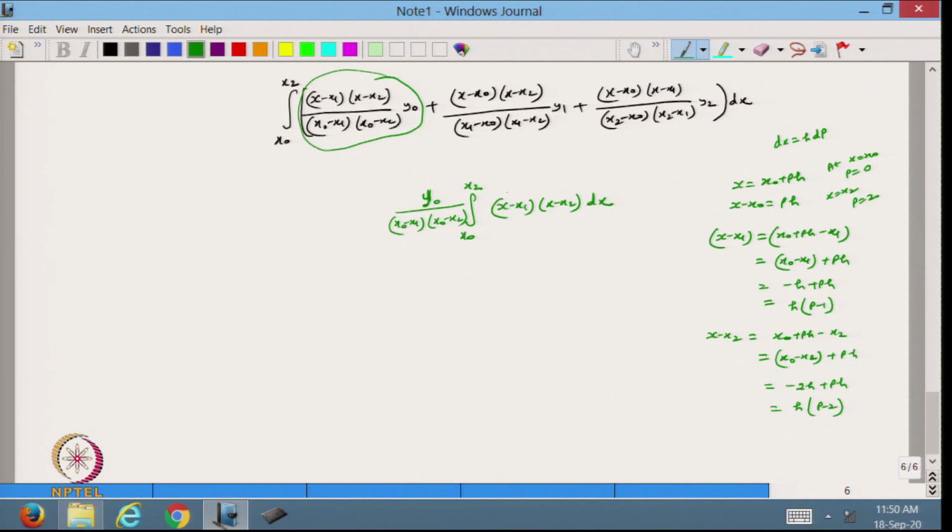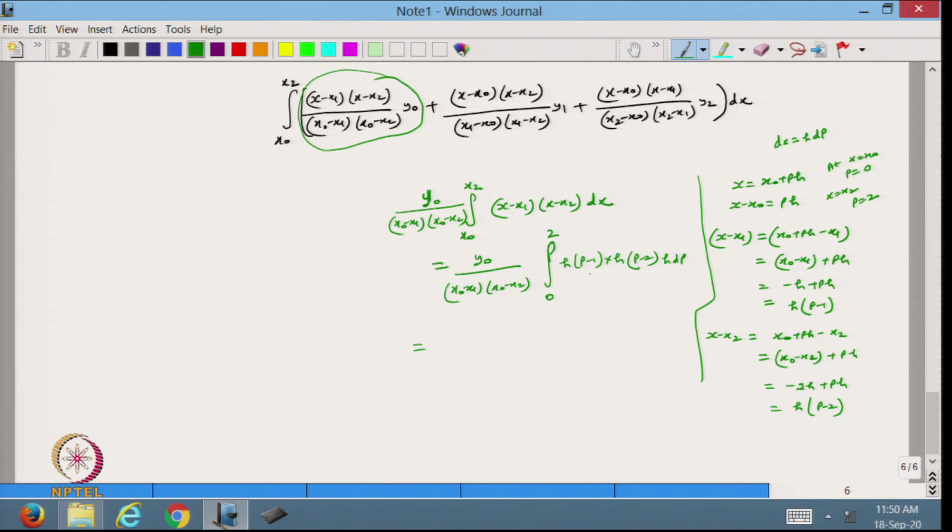So, from here this integration can be written as y0 over (x0 minus x1)(x0 minus x2), the integral from 0 to 2 of h(p minus 1) into h(p minus 2), and dx becomes h dp.